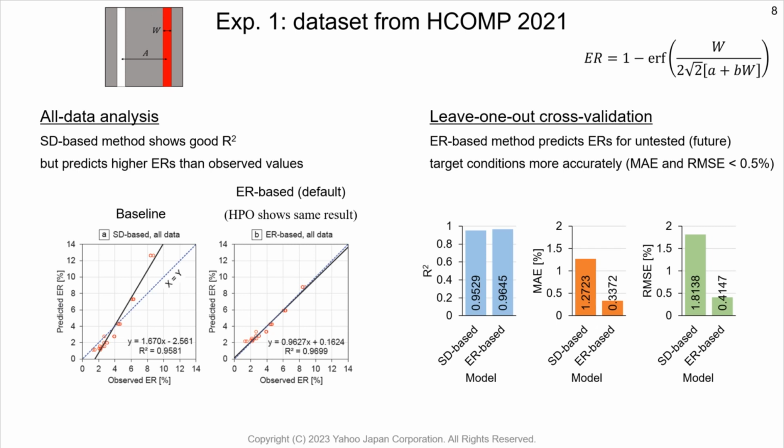We also test leave-one-out cross-validation to analyze if the ER-based method can predict error rates for future target conditions. The results show that the mean absolute error and root mean square error are smaller than 0.5%, which are better than those for the SD-based method.